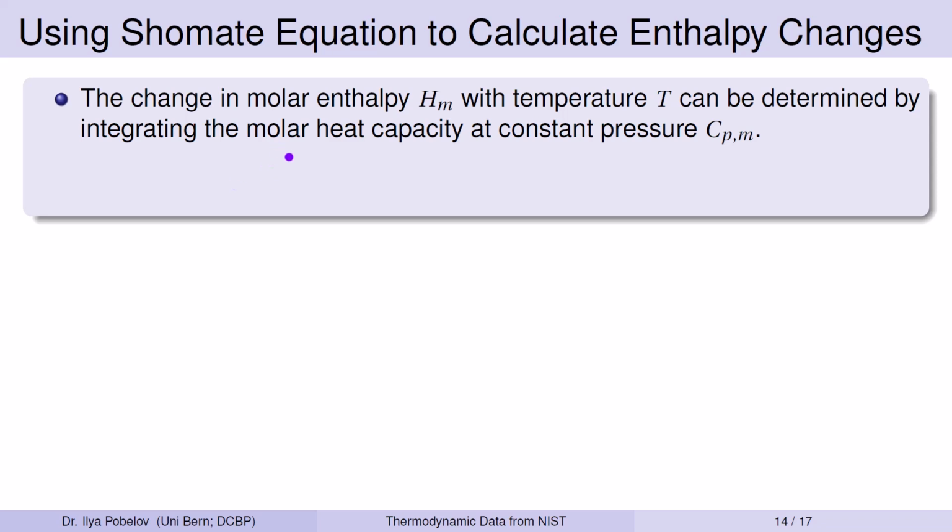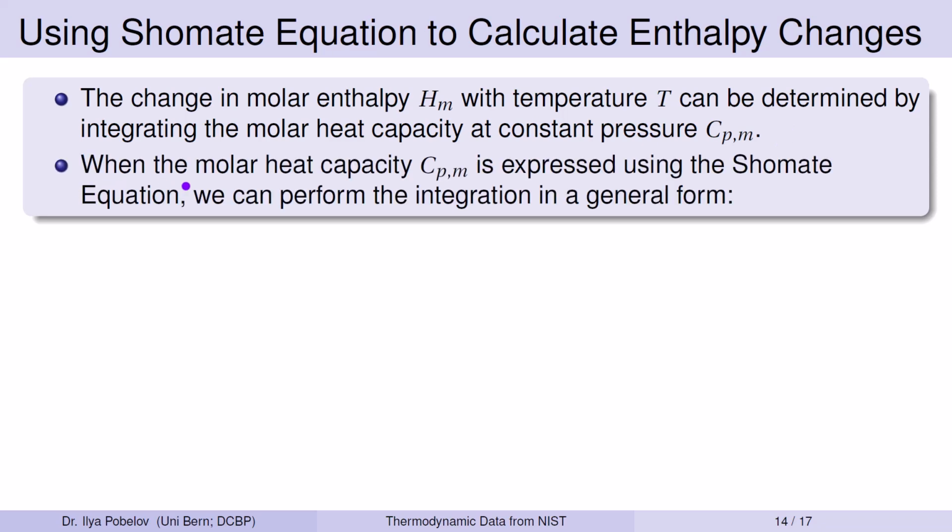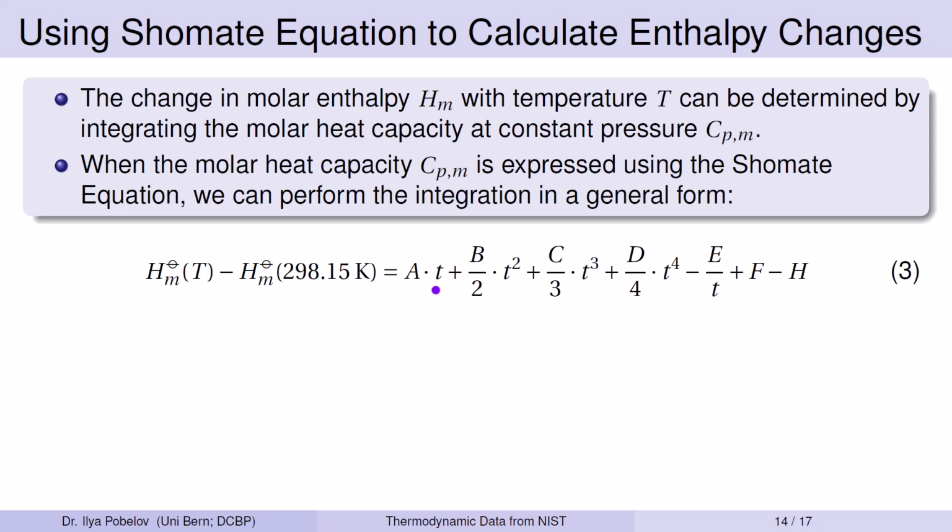As you know, the change in molar enthalpy of a substance with temperature can be determined by integrating the molar heat capacity at constant pressure over a given temperature range. When the molar heat capacity is expressed using the Shomate equation, we can perform the integration in a general form, resulting in an equation that describes the enthalpy change with temperature.